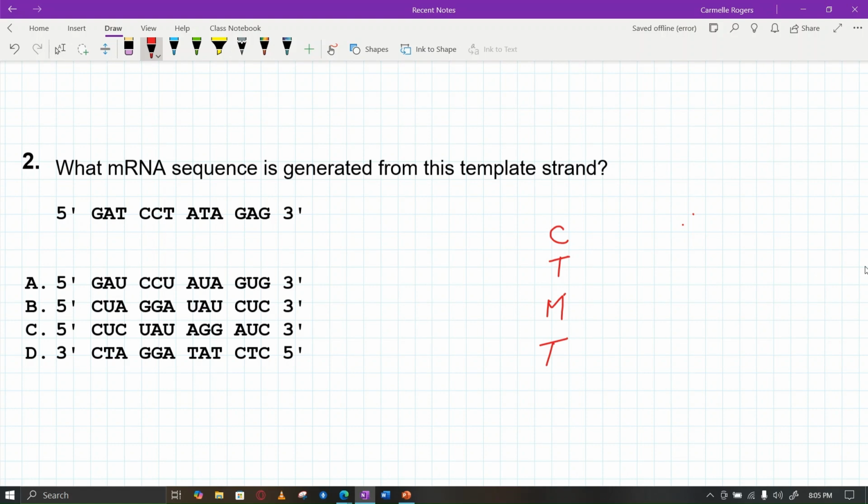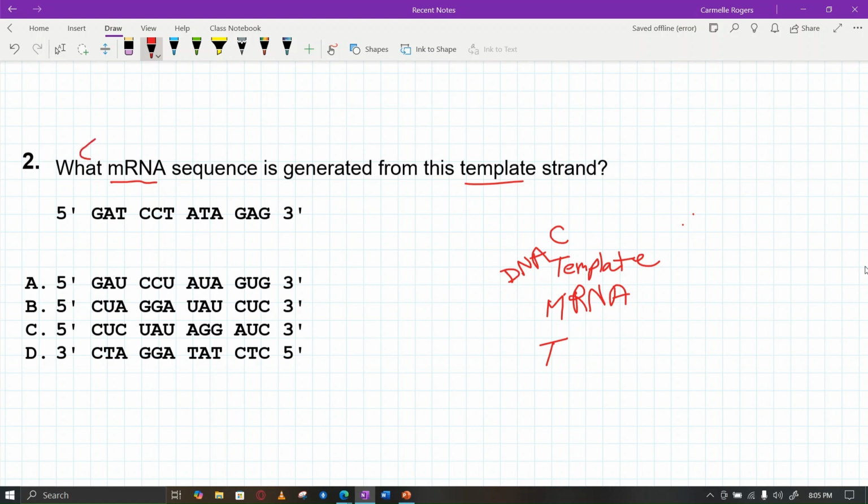Let's work through it together. So, what mRNA sequence is generated from this template strand? Now, if we look at our acronym, template is this T right here, and it's a type of DNA strand. And then we have M for the mRNA, and it is RNA.